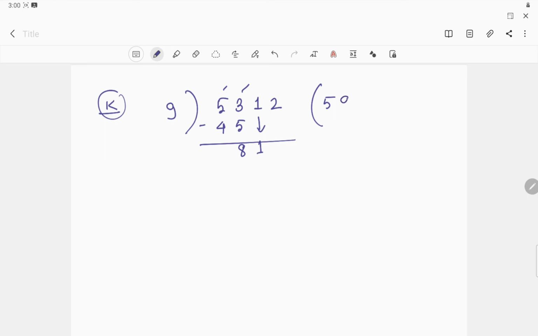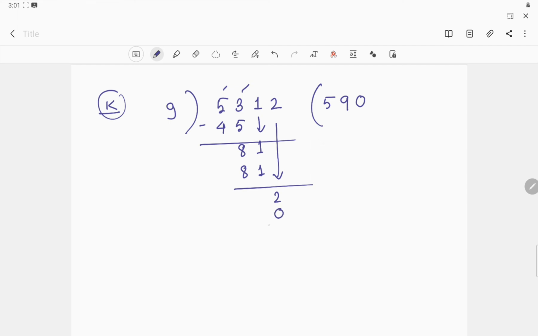You know 9 9s are 81. Now bring down 2. So after bringing down 2, you can check you can't divide. That means you have to put 0 here.